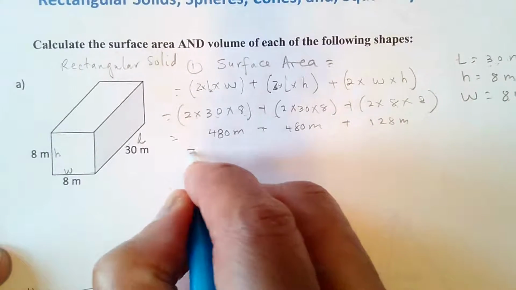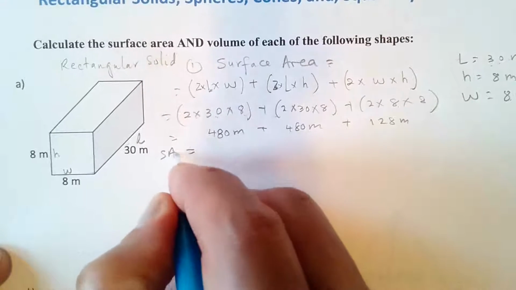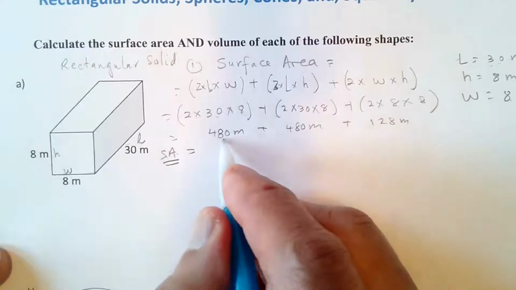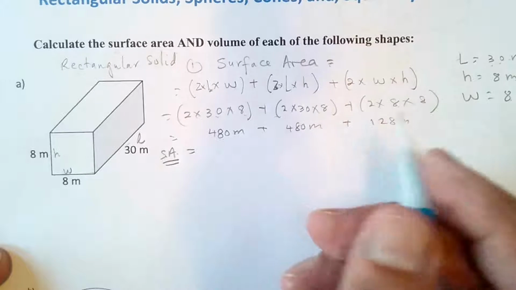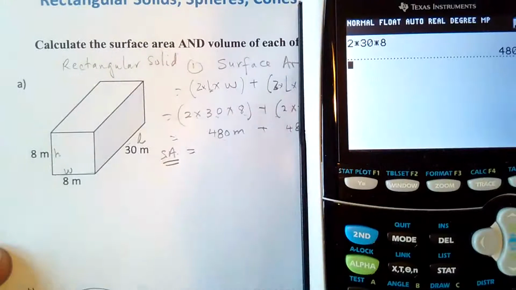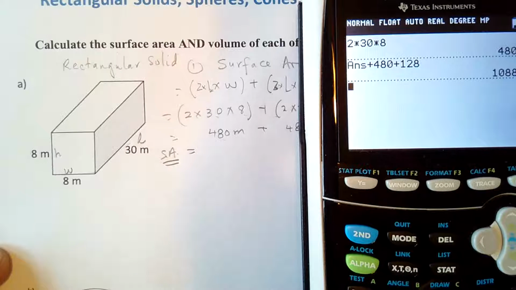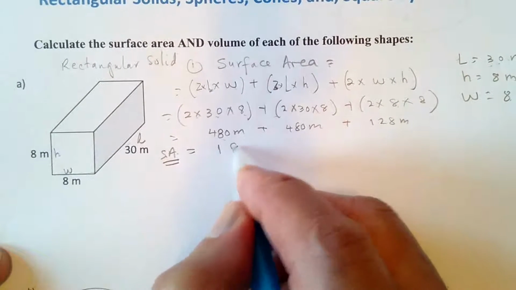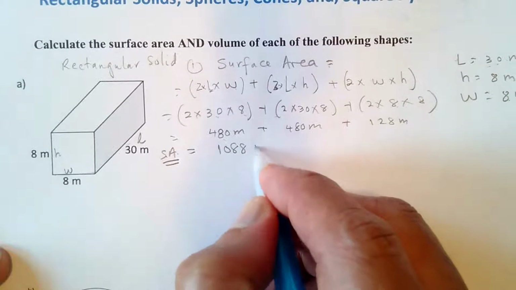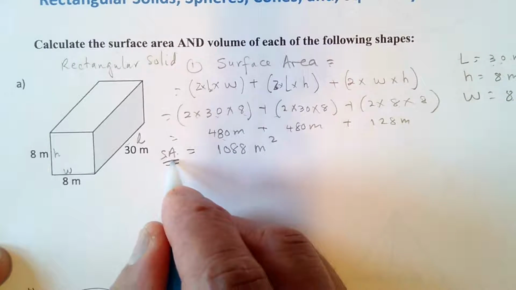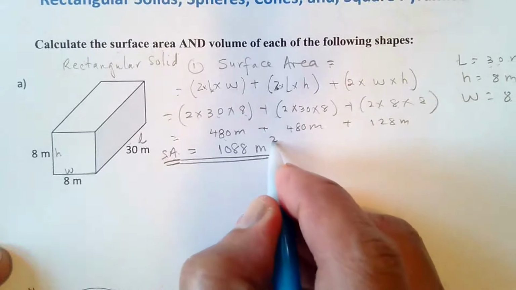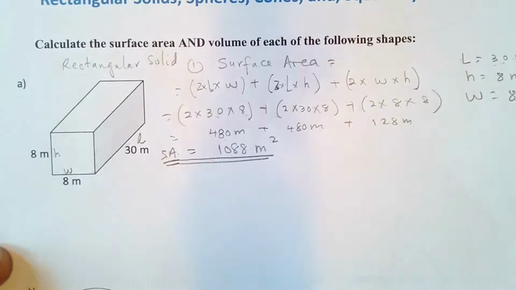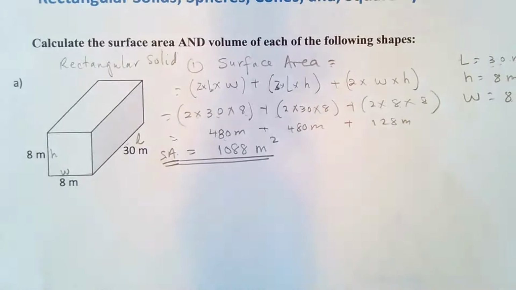So we add them all up. The surface area is equal to 480 plus 480 plus 128, which gives us 1,088 square meters. It's square meters because the surface area has to be squared. That's why we put the power 2 there. So we'll highlight that. We found our surface area.